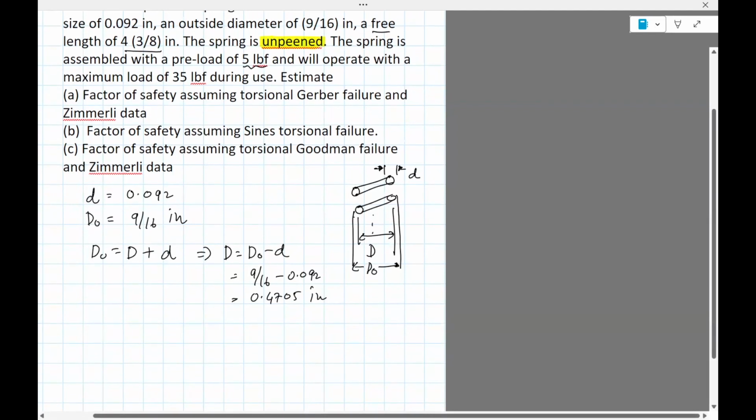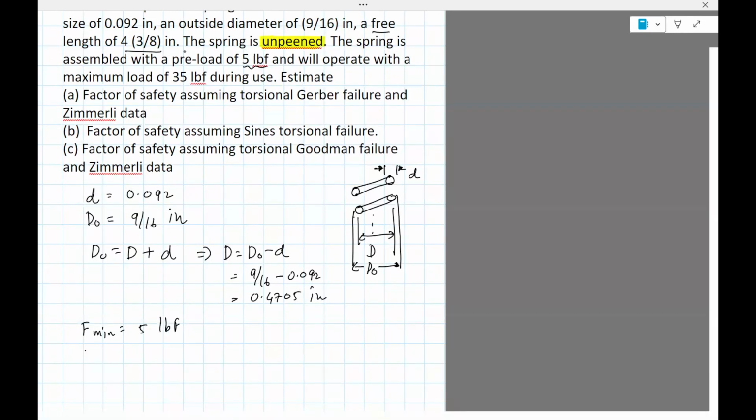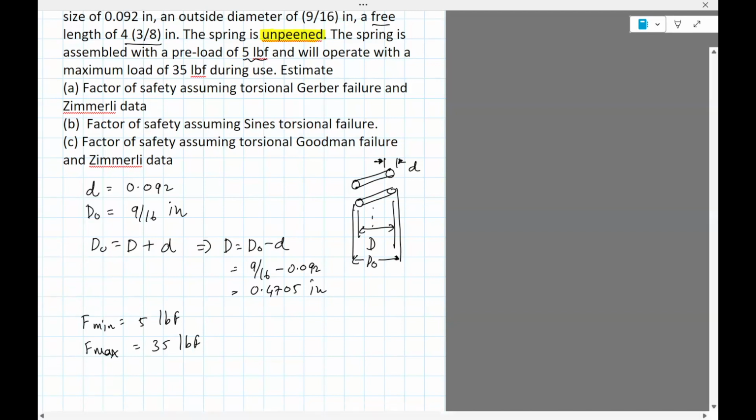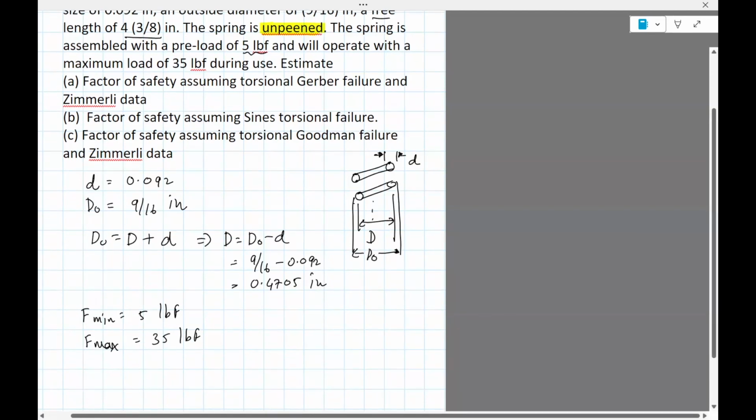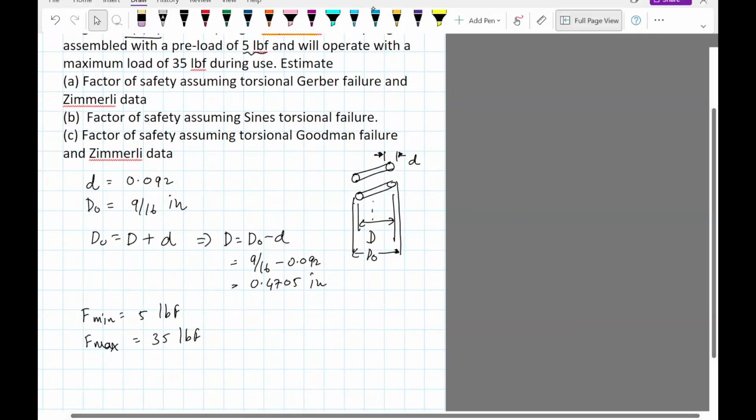This just indicates that F min is 5 lbf, F max is 35 lbf. Okay, so given all this, we need to estimate a few things, factor of safety in particular.